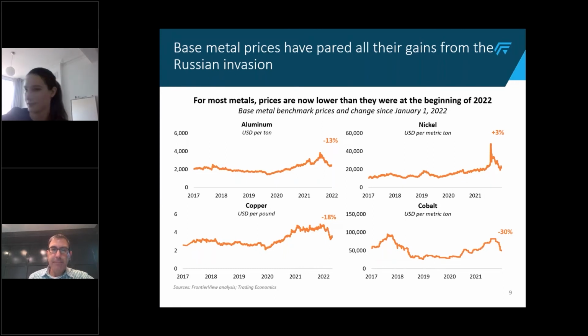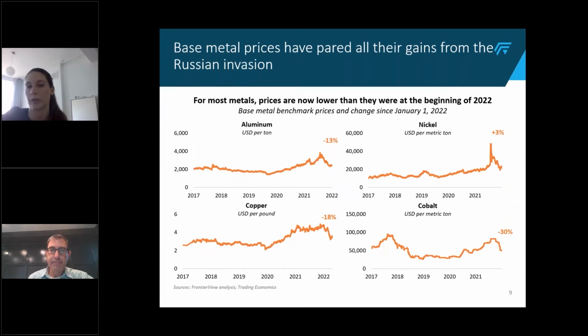And you take a look at the time series here, and it actually looks a little bit like the same shape as the one I showed for grains a minute ago. Prices shot up and then peaked after Russia's invasion of Ukraine, and have come down quite a bit in recent weeks. What's interesting for metals is the come down has been even sharper than for food and some other categories of commodities.